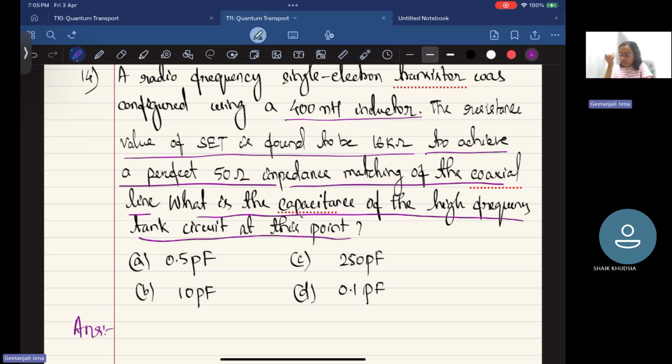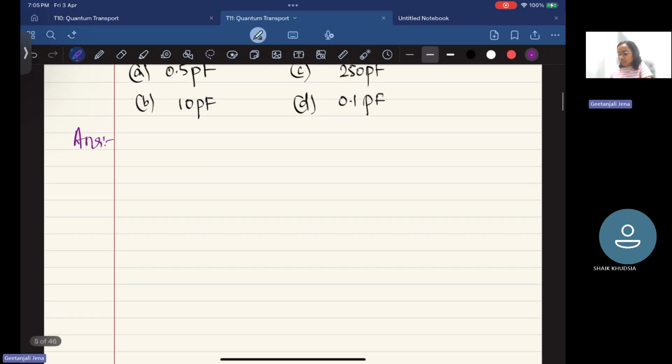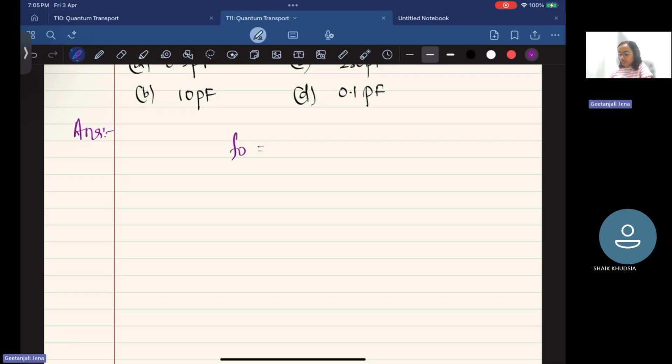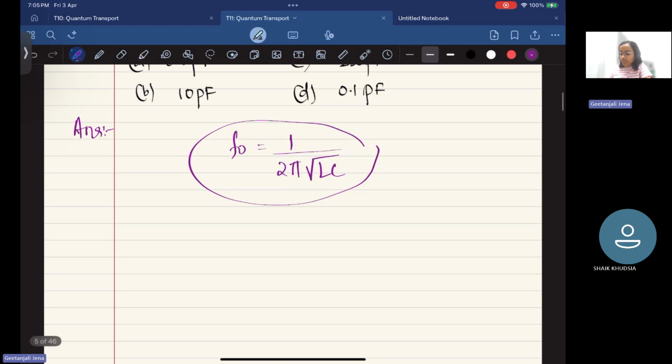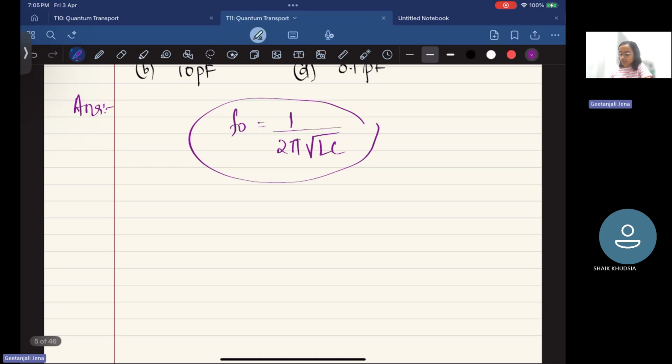No, it's not based on the same formula. In the previous formula, F0 is 1 by 2 pi root over LC, which just calculates the resonance frequency of the tank circuit given an inductance and capacitance.